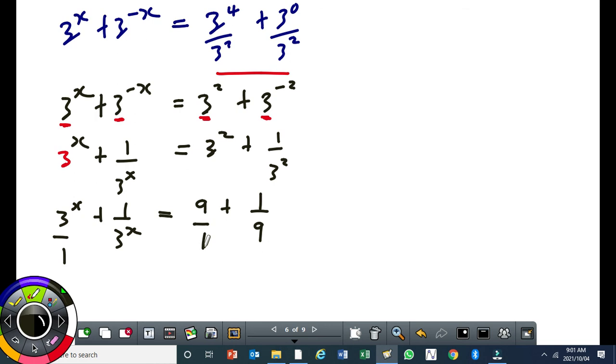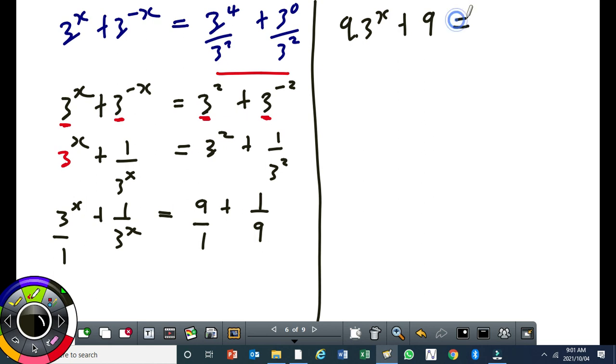Right? So if that's the case, it means I have to multiply this 3 to the power of x by 9. So that becomes 9 times 3 to the power of x plus this 3 to the power of x here to be 9 there, to be equal to, I hope you're following what I'm doing.